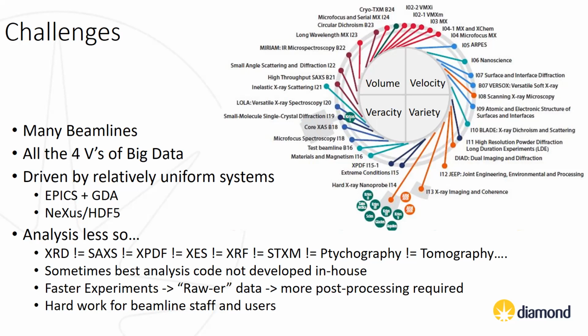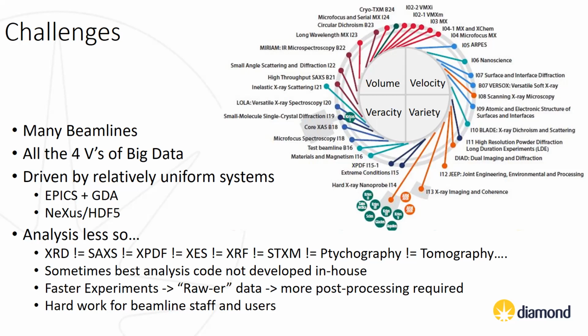But as you move up the software stack around science, you do start to branch out quite a lot. And the uniformity in analysis is a lot less. So XRD is not SAXS, it's not PDF, it's not X-ray emission spectroscopy, it's not XRF. And sometimes the best code for these techniques is one that you haven't actually written. Someone else has written it for their use cases and you want to use it.